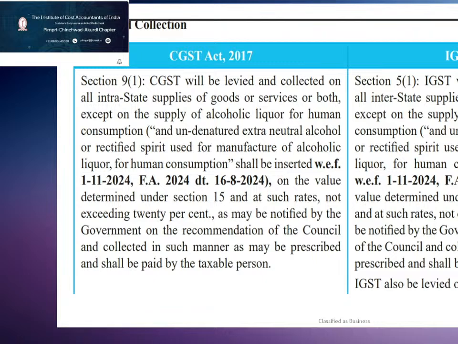because apart from this section 9, there are exempted goods and exempted services. Those are also very important here, that is, goods exempt from tax and services exempt from tax.